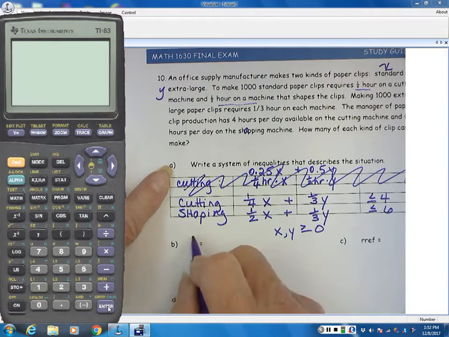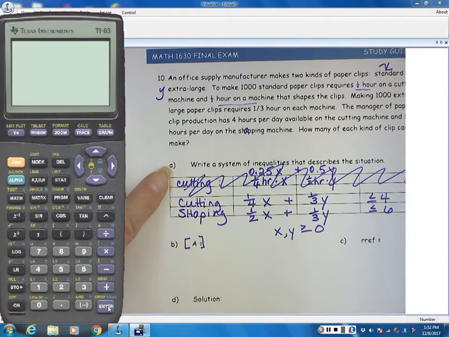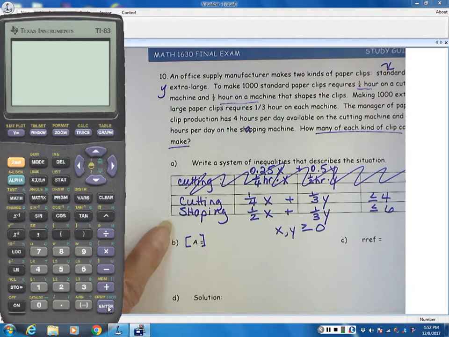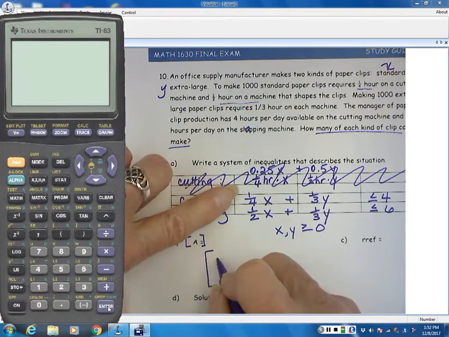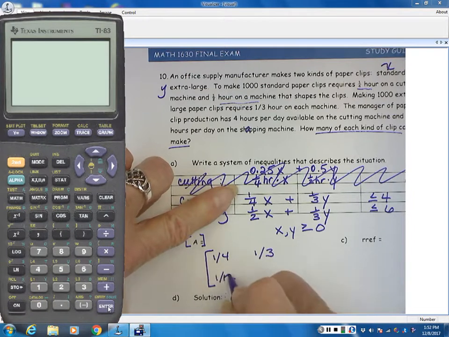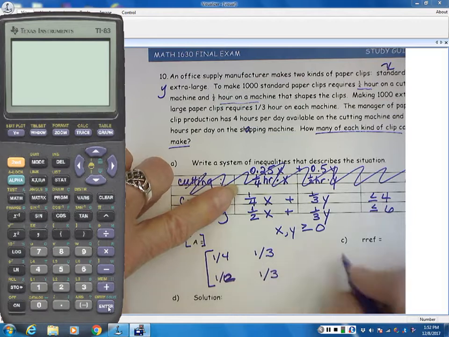The matrix that's going to go with this, because it says how many of each can he make, so we're just looking for a solution. So the matrix that goes with this is going to be 1/4, 1/3, 1/2, whoops, 1/2, 1/3, and then the last column is going to be 4/6.